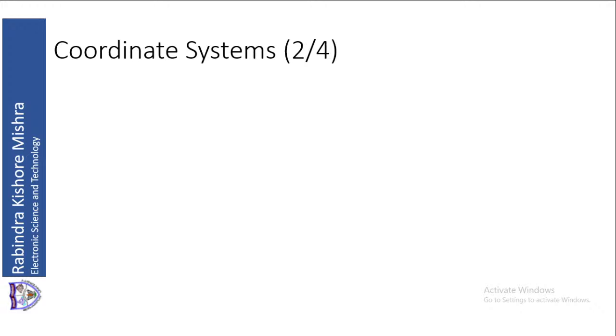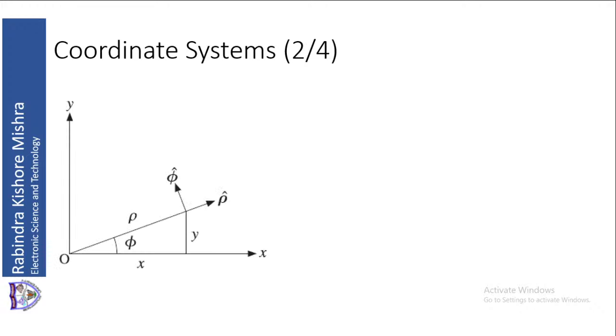Let us look at a part of the coordinate system, the xy plane. In the xy plane, what do we have? We have the rho vector in the xy plane, the x-axis, the y-axis, the phi. So all these we have in the xy plane. Similarly, if I consider the rho z plane, how will it look?